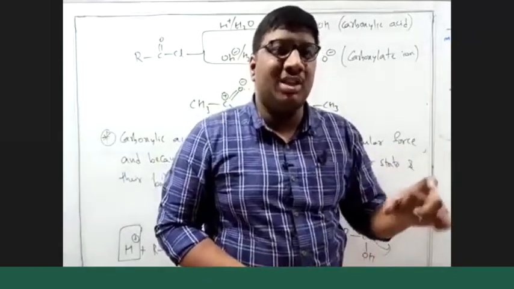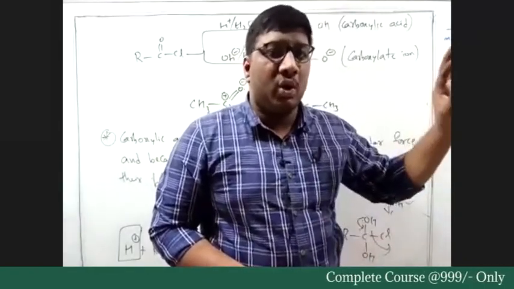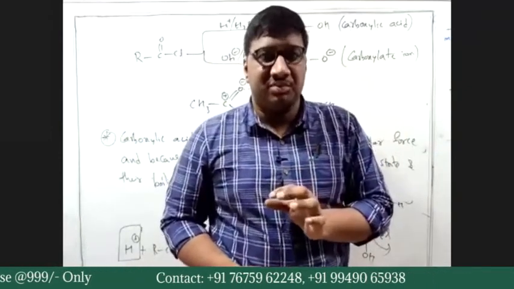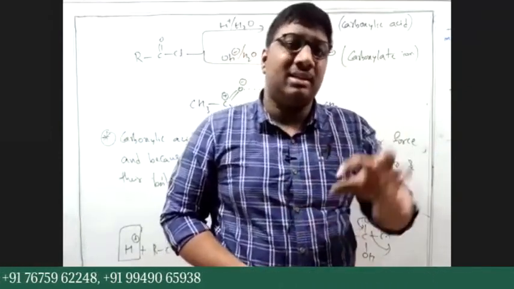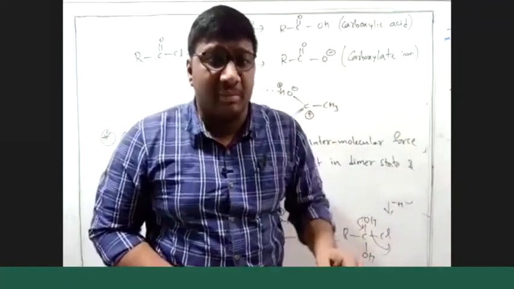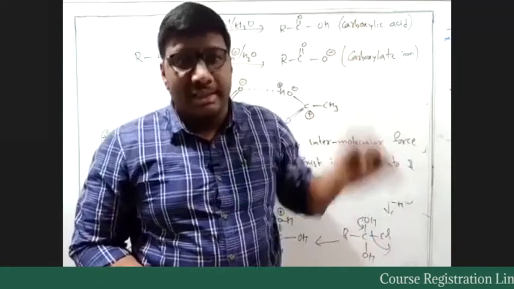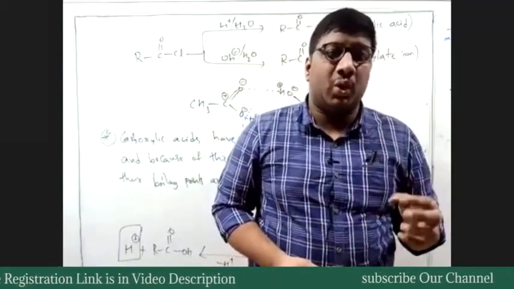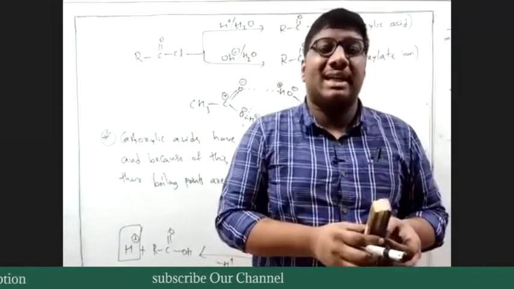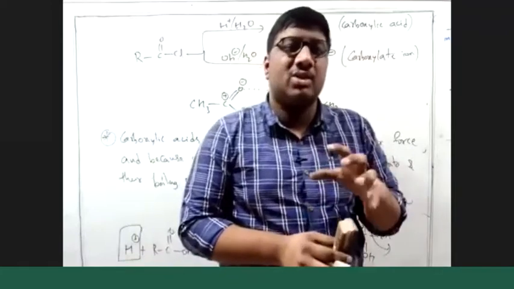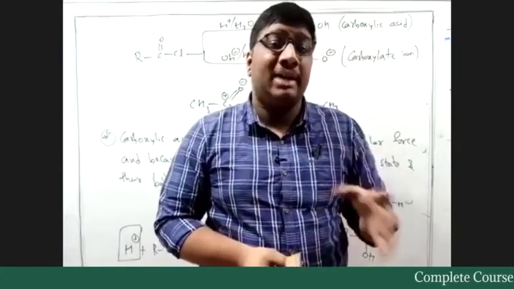In H2O also we have a dipole: oxygen has partial negative and hydrogen has partial positive. H2O has a bent structure, it has 2 dipole vectors and the net dipole moment will be in the y direction. That is known to us. So H+ from H2O also has good interaction with the O- from the carboxylic acid, so there we also have good hydrogen bonding.